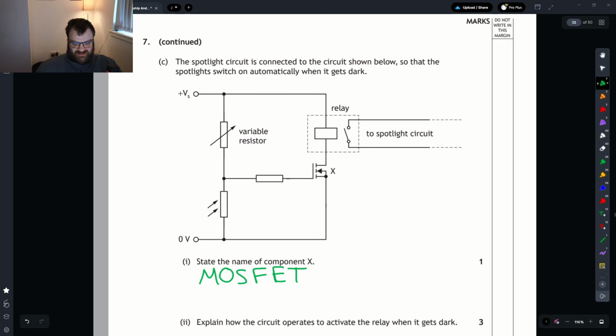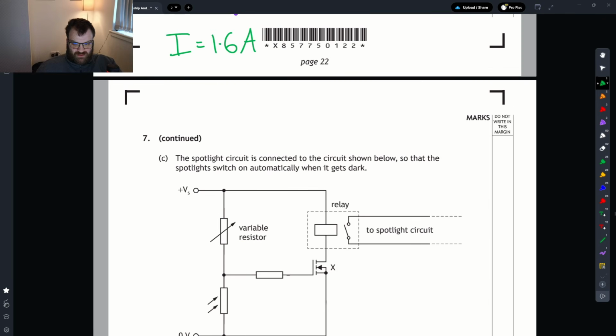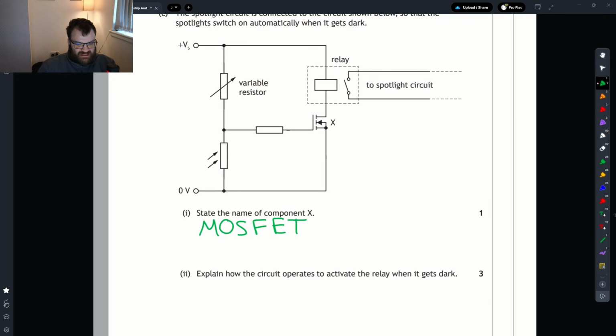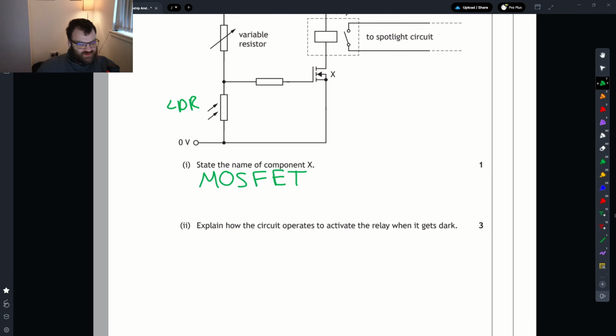Explain how it activates as it gets dark. Okay, so we have got an LDR, and this is going to be your LURD: light up, resistance down.